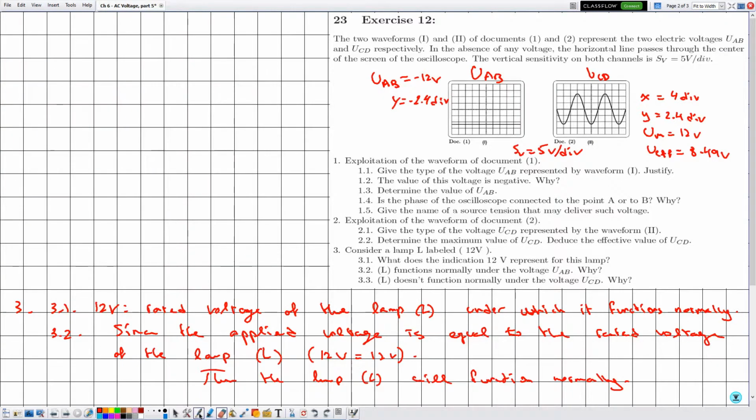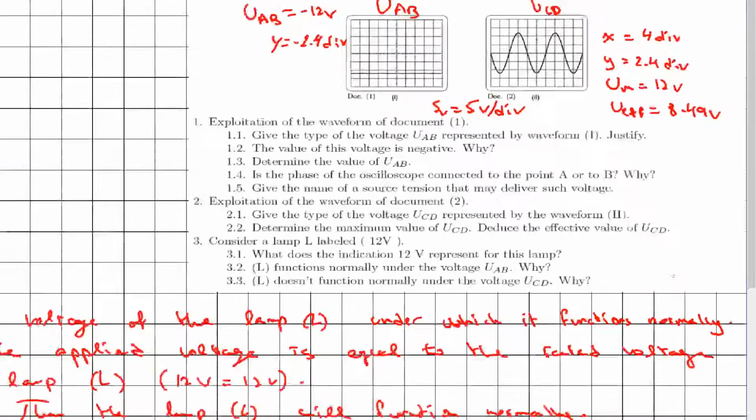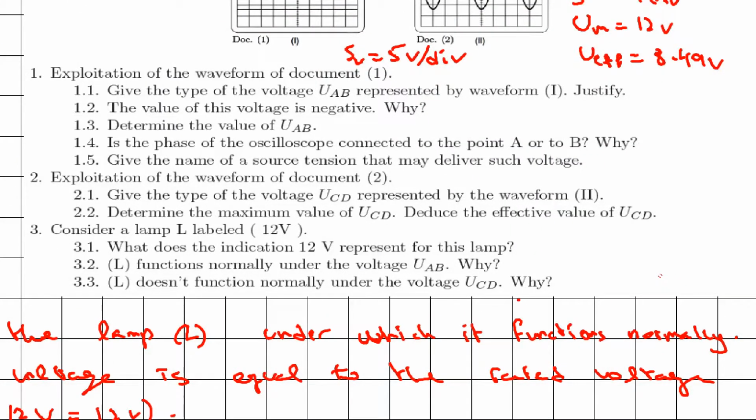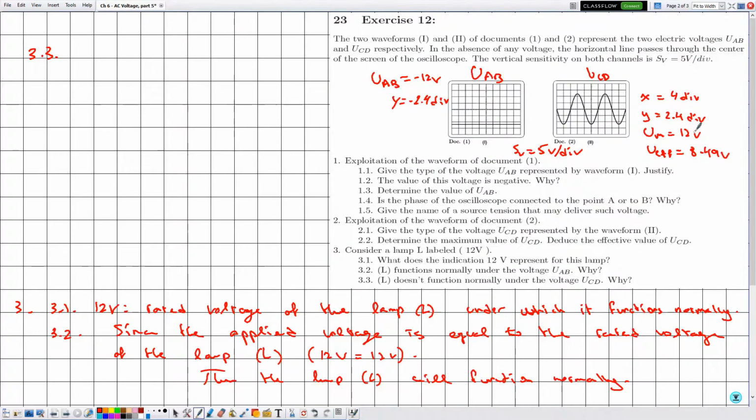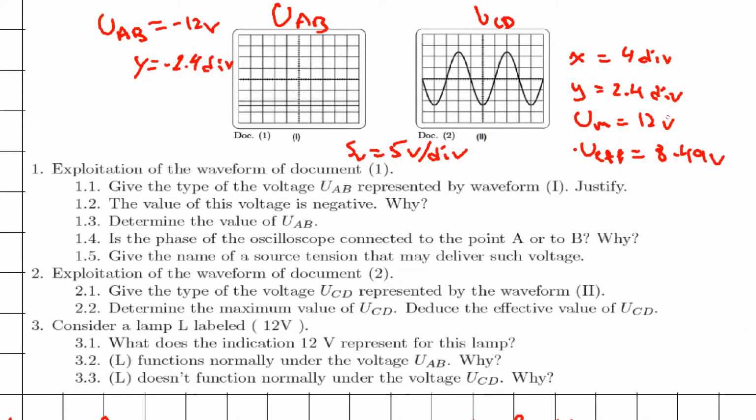Now as for the final part of this exercise in 3.3, they are telling me L doesn't function normally under the voltage UCD. So now the voltage UCD is represented by two voltages UM and U effective, but we will consider U effective because it is the one that's making the effect.